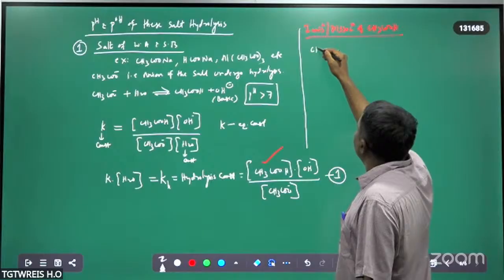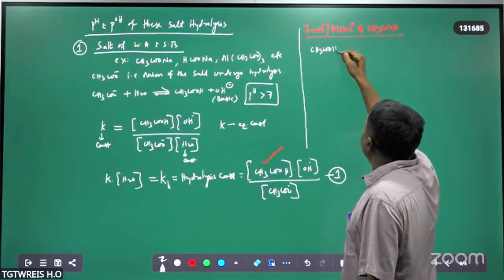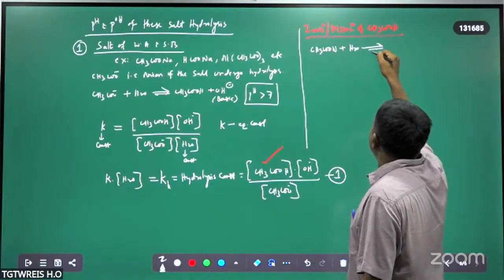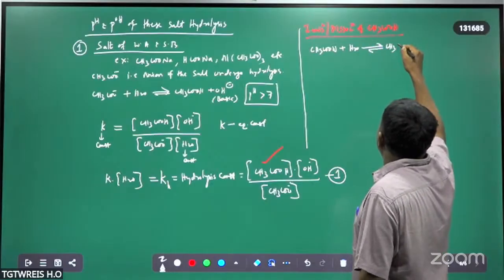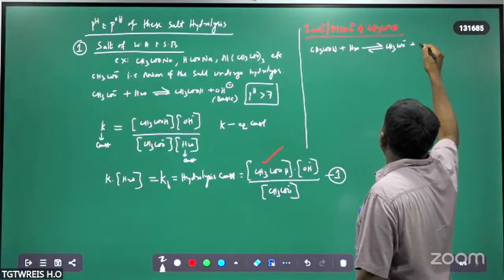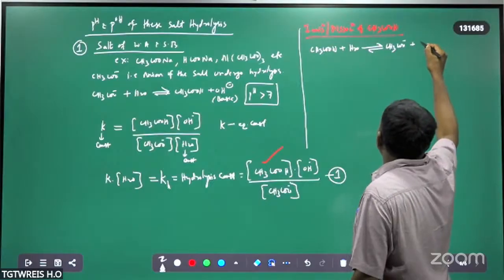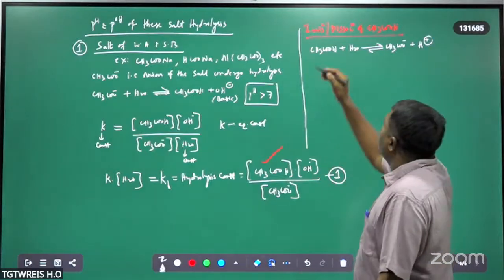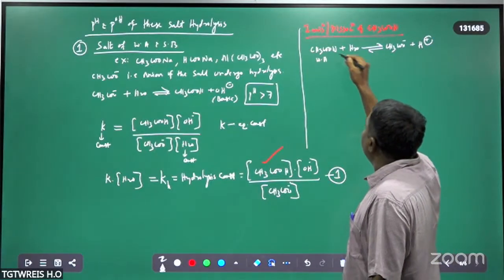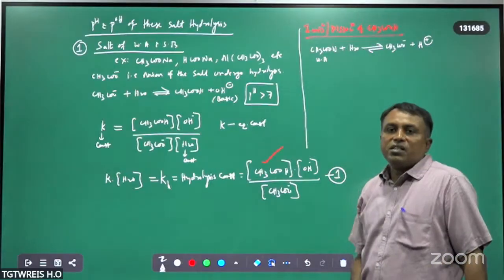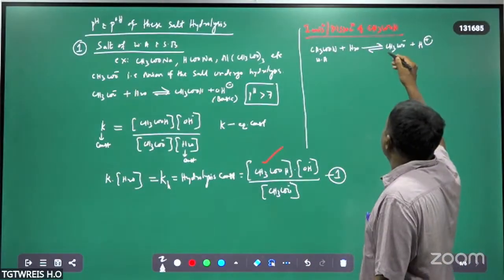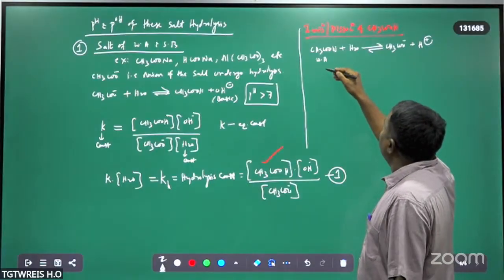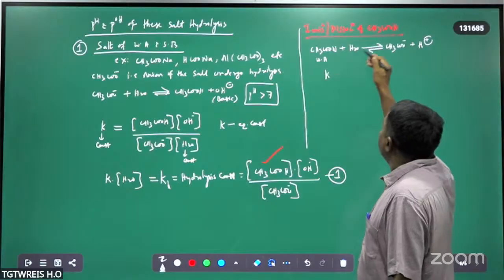So how can we calculate this? CH3COOH when dissolved in water undergoes ionization into CH3COO minus plus H plus. It is a weak acid. So when dissolved in water, acetic acid dissociates into acetate anion plus H plus. Let us apply equilibrium.